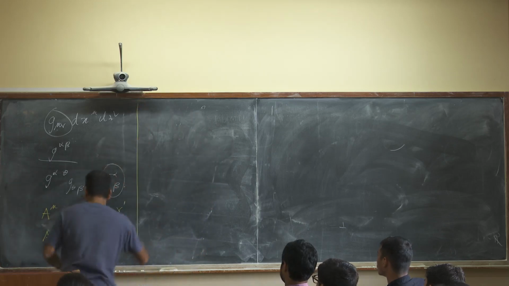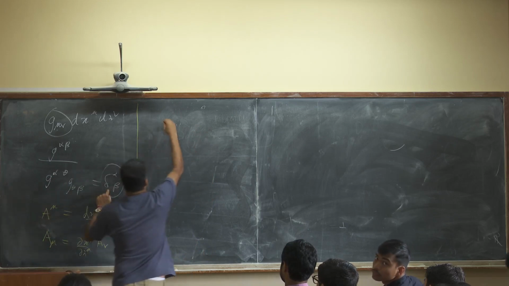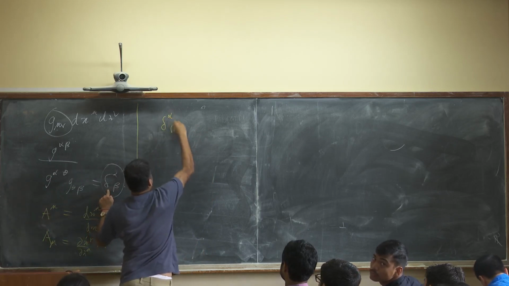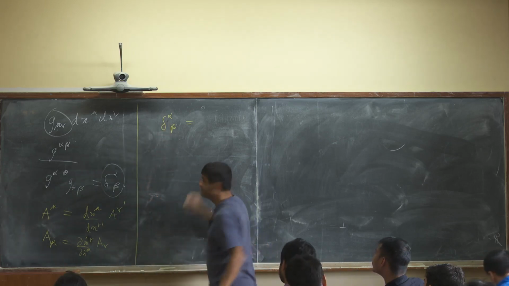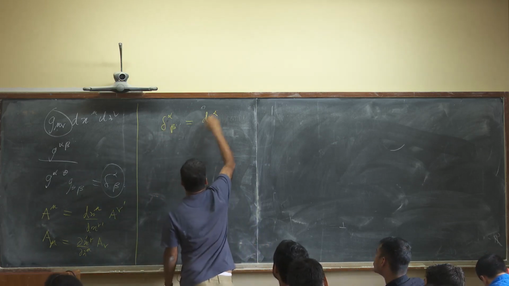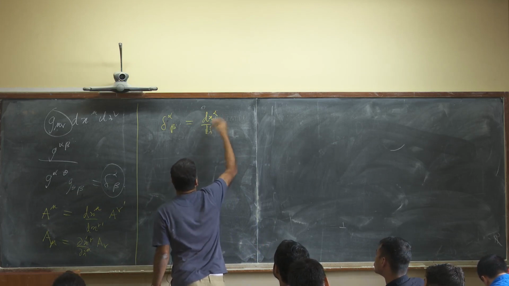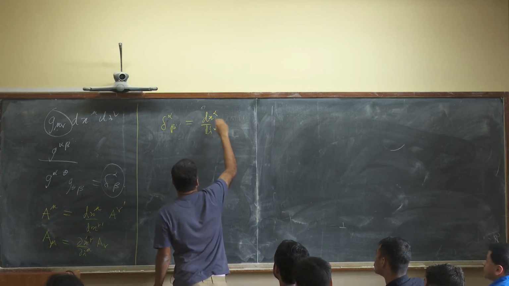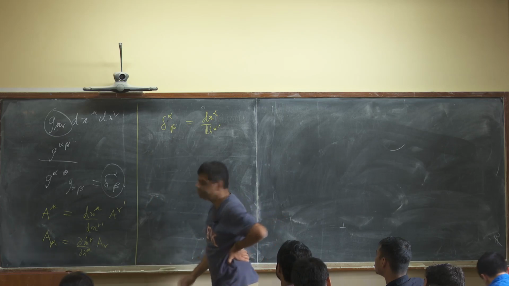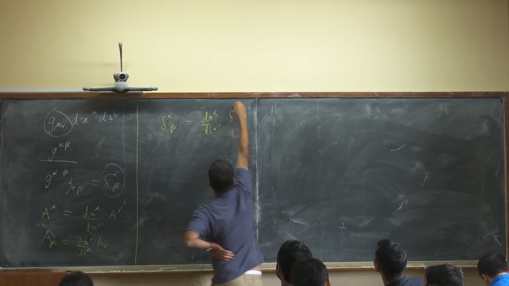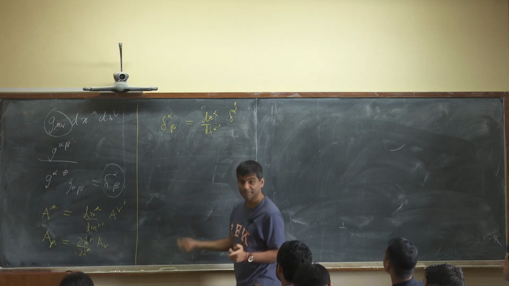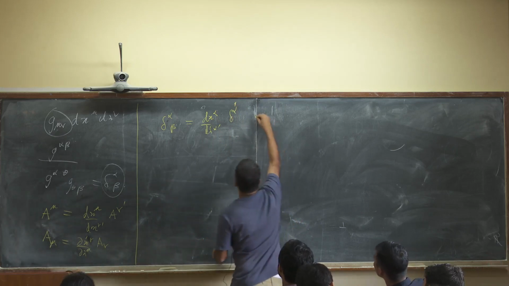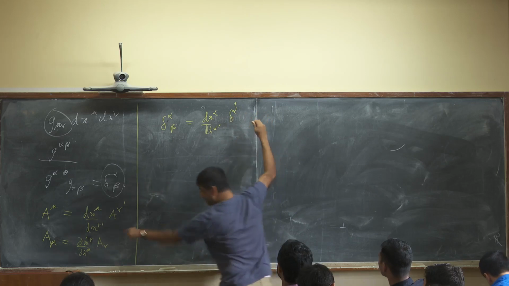So delta alpha beta is equal to what? This guy transforms like an upper index. So dx alpha by dx prime, let's call it alpha prime, delta alpha prime. So we've transformed the upper index. Now we have to transform the lower index. This transforms according to that rule.